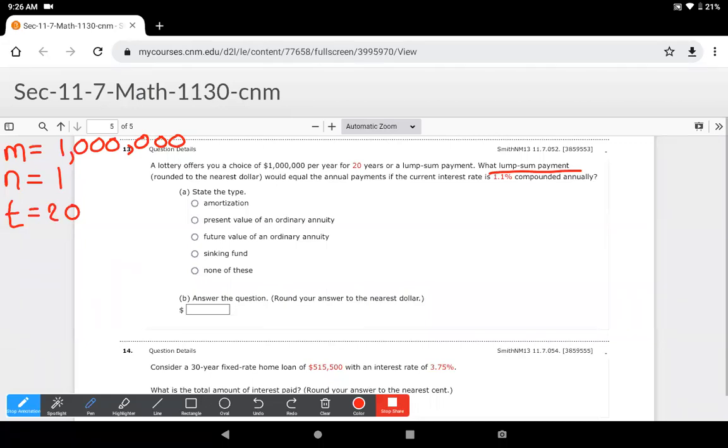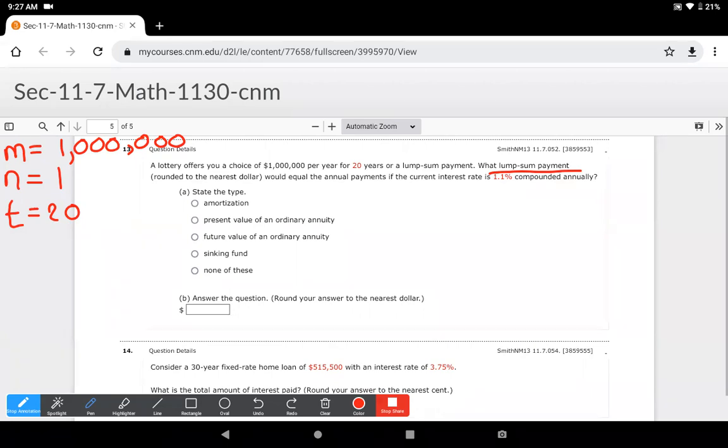They want to know what lump sum payment we should use right now. In the examples for present value of an annuity, as in selling off the proceeds from an insurance policy or winning the lottery, we know which one to choose.